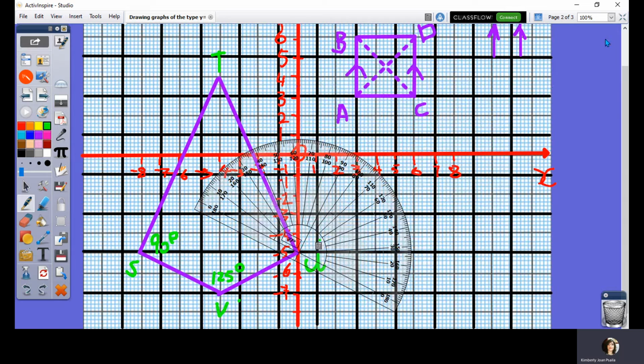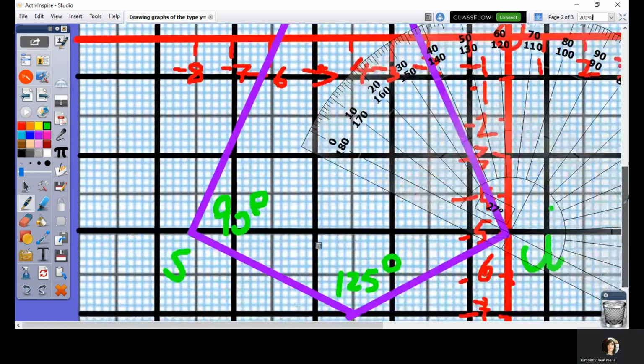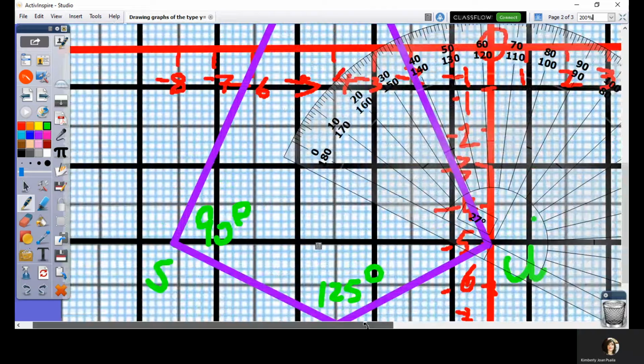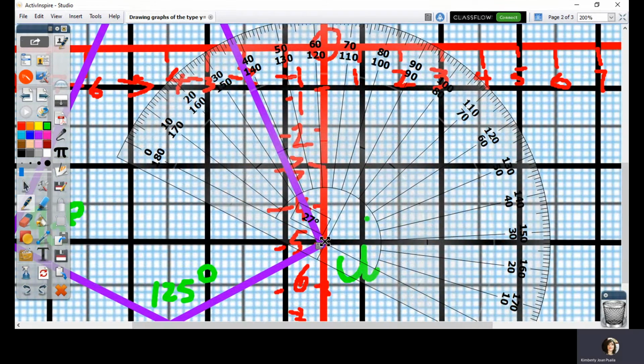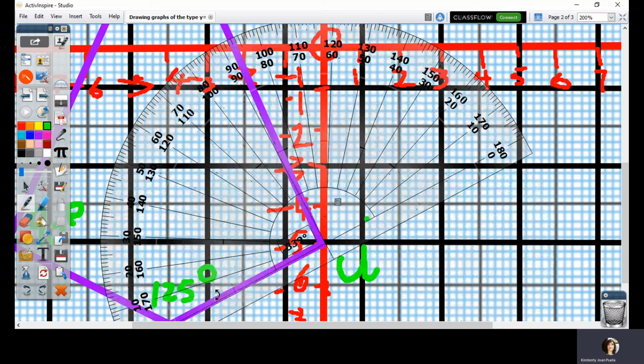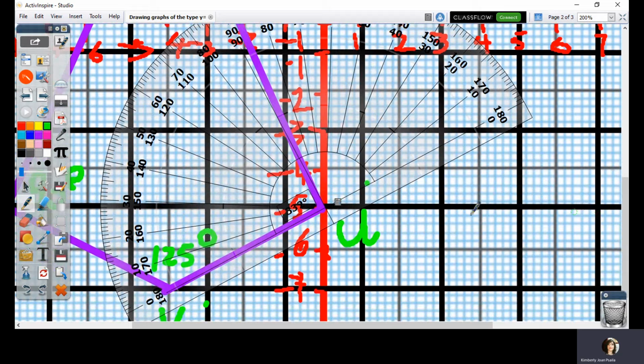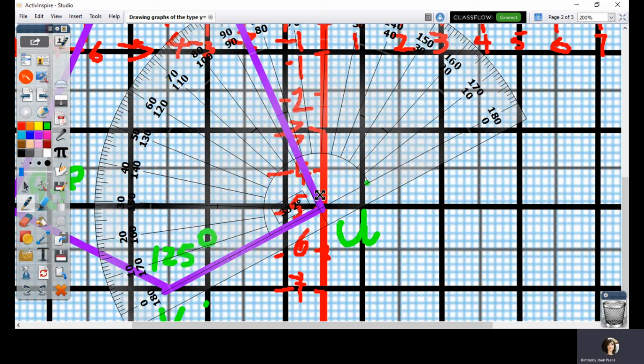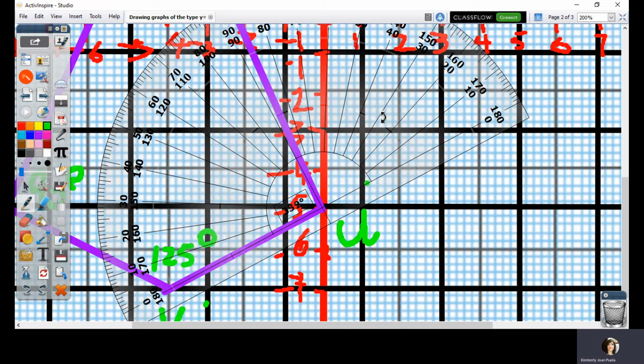Now the other two angles. I need to find angle U. Again, put your protractor on the point. Let me zoom in for you. So this point is on my point U, angle U. You put your zero degree line on one of your lines, and you have to start from where you have your zero. So here you should go up and check your values.